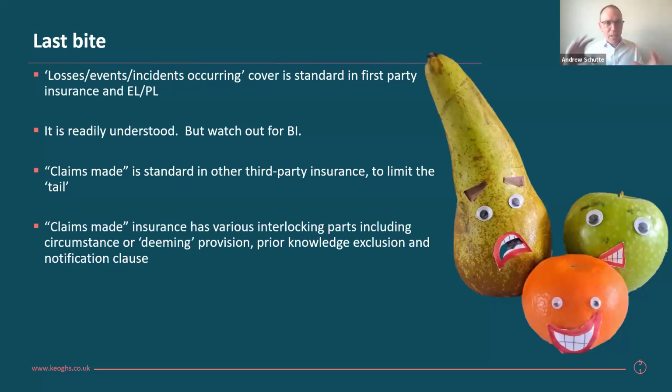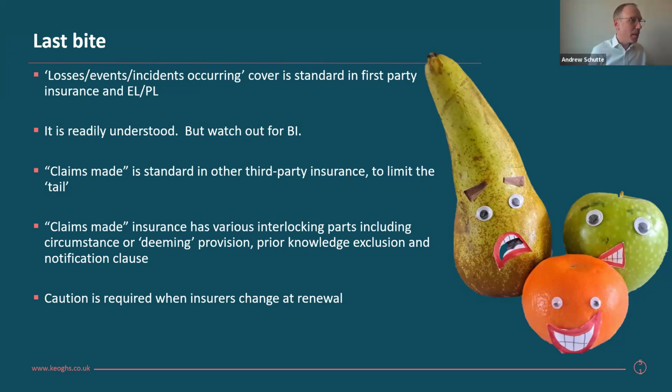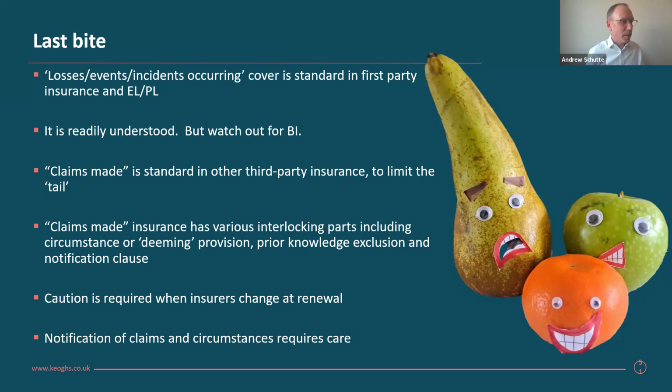There are all these different interlocking parts to claims made cover, and I've tried to walk you through the various bits that need to fit together. It should make a coherent scheme. Caution is required at renewal. When insurers change in particular, that's when problems can arise, and watch out for notification of claims and circumstances.